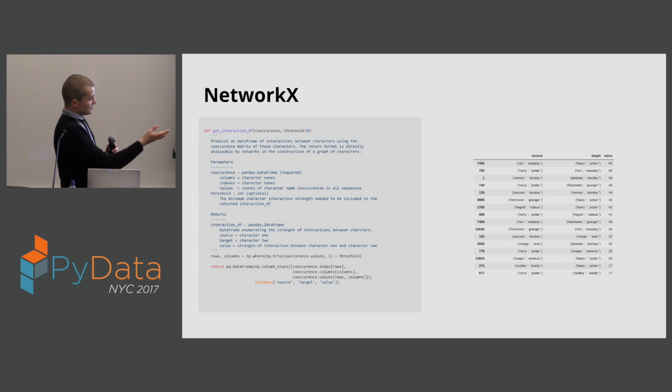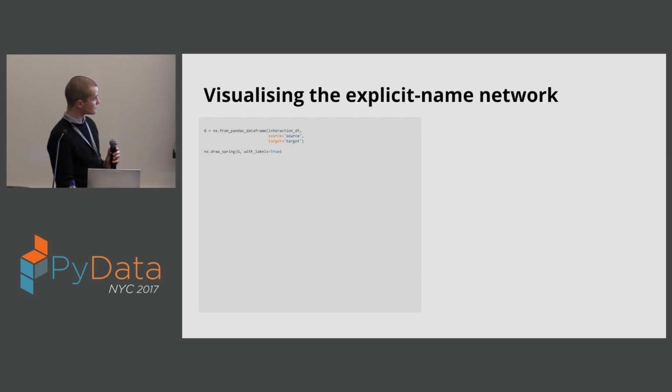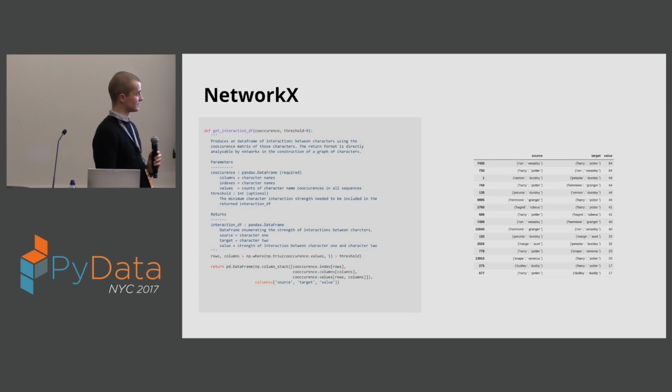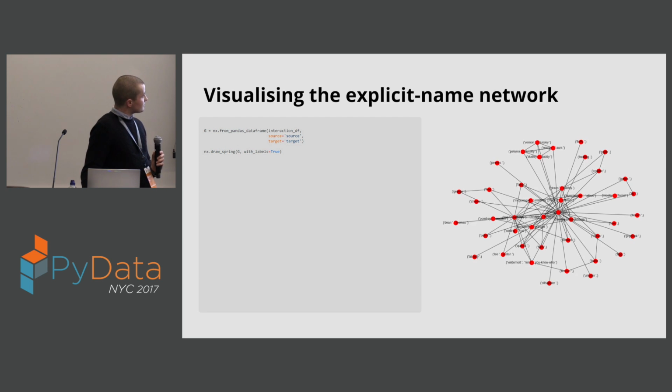So we can pass this table into NetworkX and visualize it very, very quickly with networkx.draw_spring, where spring refers to the idea that edges between characters, the connections, are springs with a kind of springiness, a strength, related to that character connectedness, the value column there. So doing that, we end up with something like this, and there is our graph.